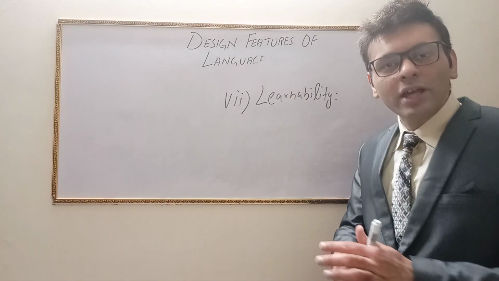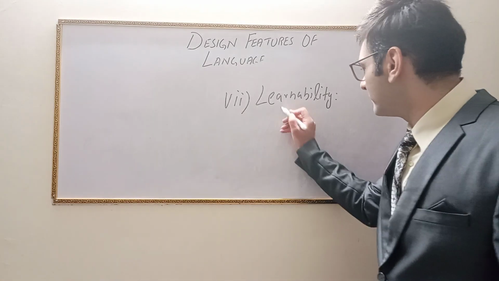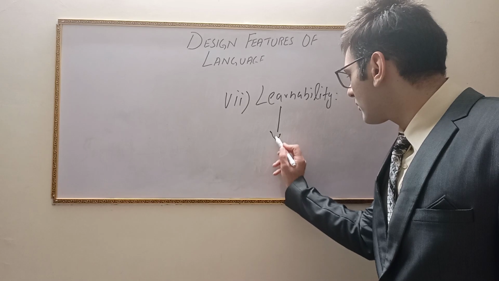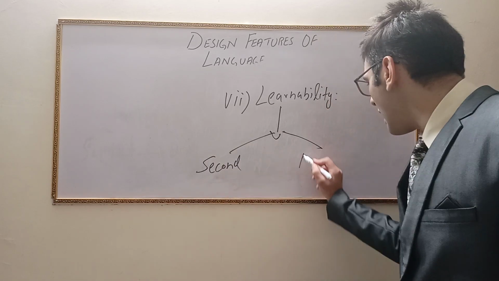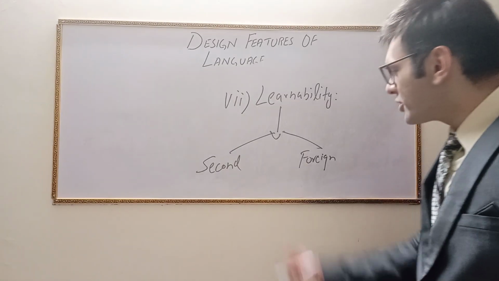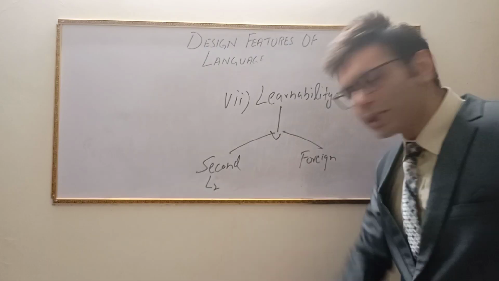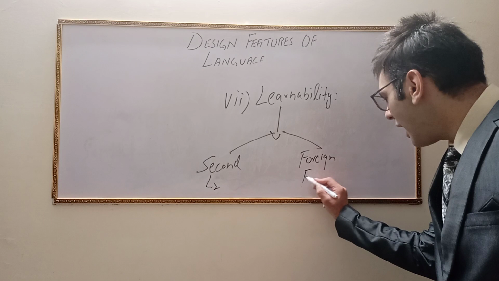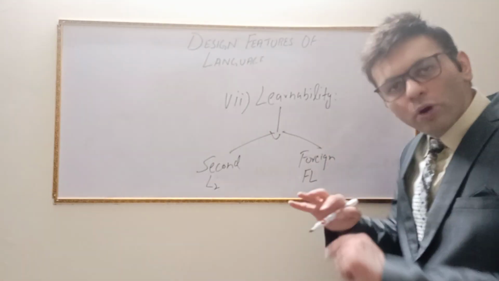Learning a language means that you are learning a second or a foreign language. Now, second language and foreign language means that it is your L2 and this is your FL, foreign language. You can go for both of them.